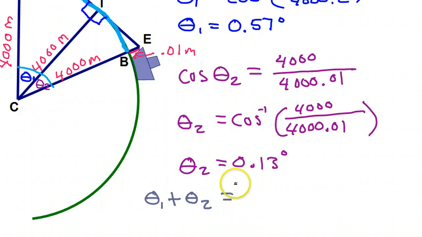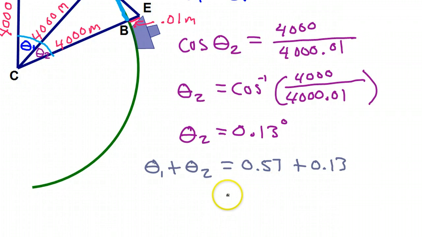That's going to equal 0.57 plus 0.13, and that turns out to be 0.7 degrees.